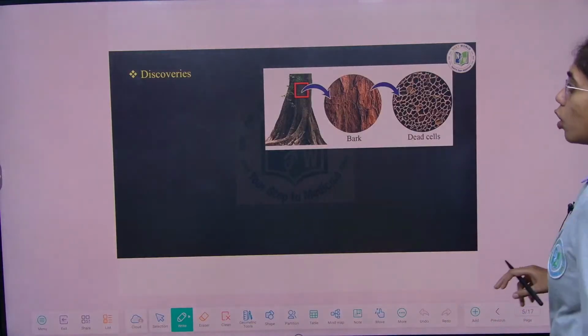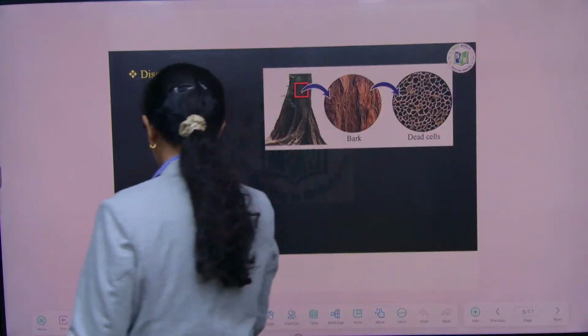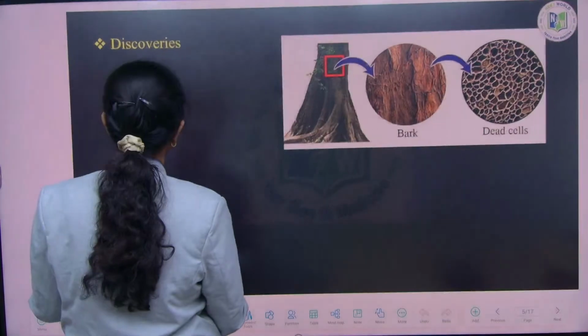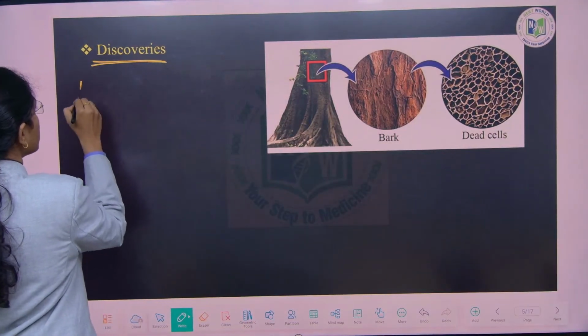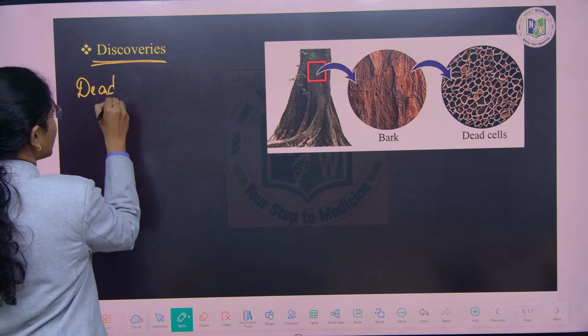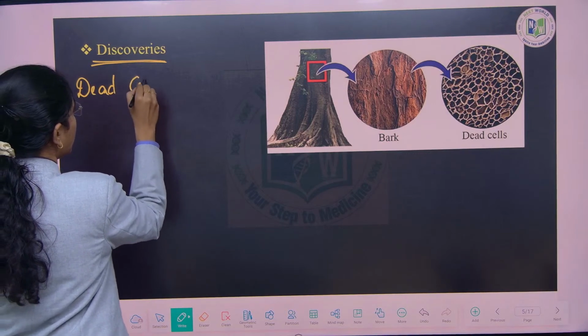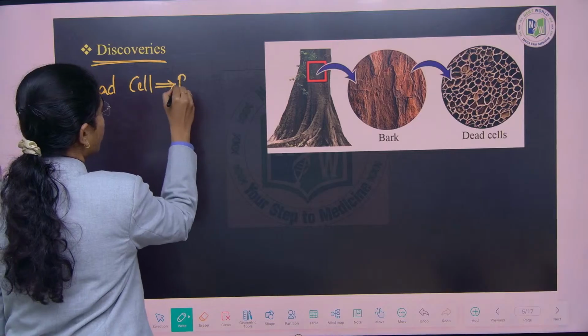Now if we go to the basic cell discoveries, the cell was firstly discovered as a dead cell by Robert Hooke.